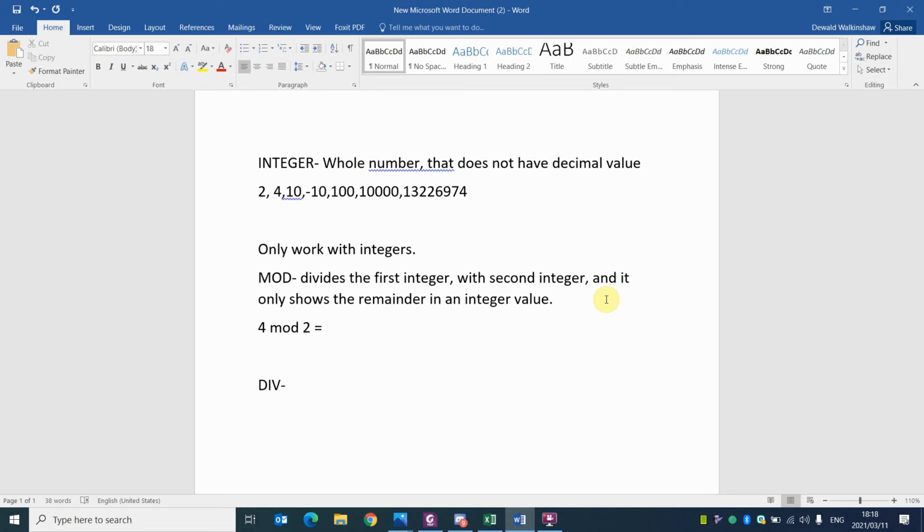It goes into it 2, 4, so 2 times. And is there anything left over? Is there anything remaining? No, sir. There's nothing, so it should be a 0 then. Any questions? No, sir, I understand now.